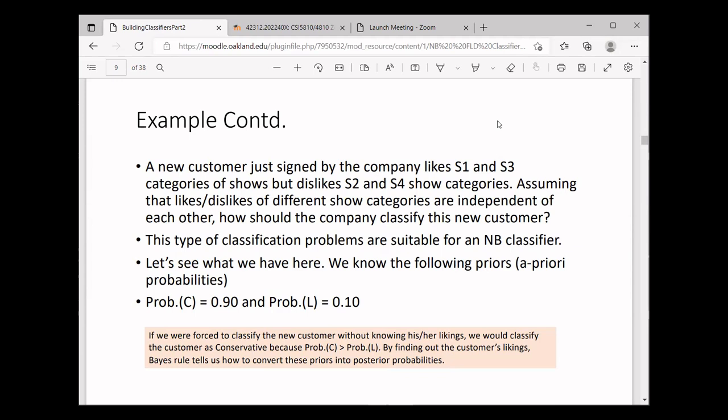That probability is 0.9 because 90% of the customers are conservative. So the a priori probability, before we know what shows this particular customer likes or does not like, is that there is a 90% chance this person will be a conservative customer, or a 10% chance that this person is a liberal customer. All right, so we have those numbers.